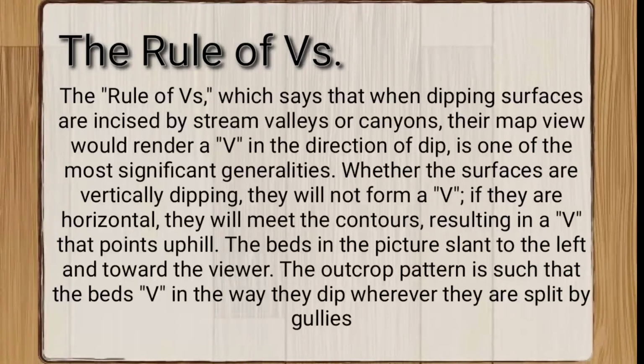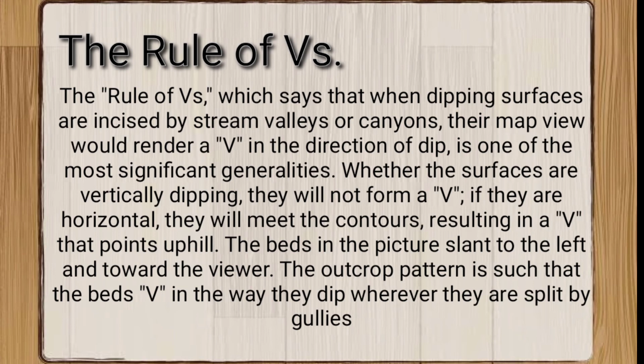The rule of V's. The rule of V's says that when dipping surfaces are incised by stream valleys or canyons, their map view will render a V in the direction of dip. It is one of the most significant generalities. If the surfaces are vertically dipping, they will not form a V. If they are horizontal, they will follow the contours, resulting in a V that points uphill.